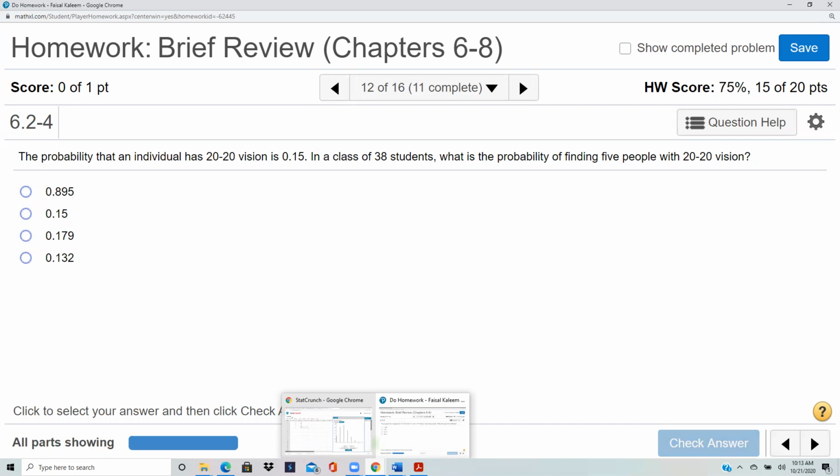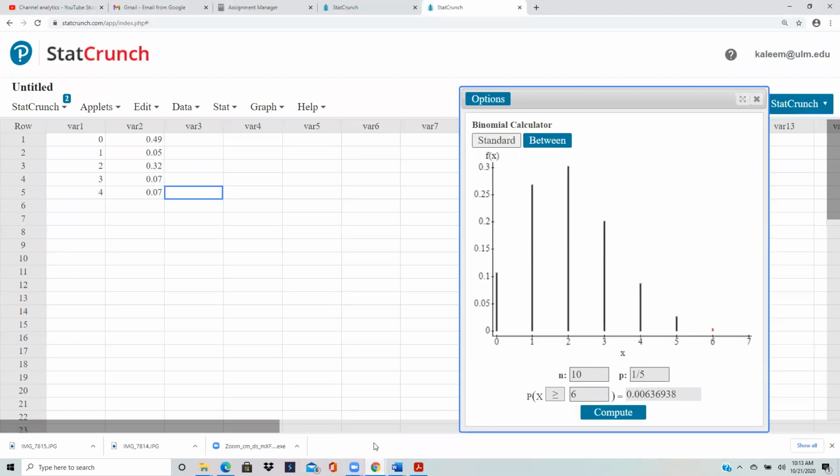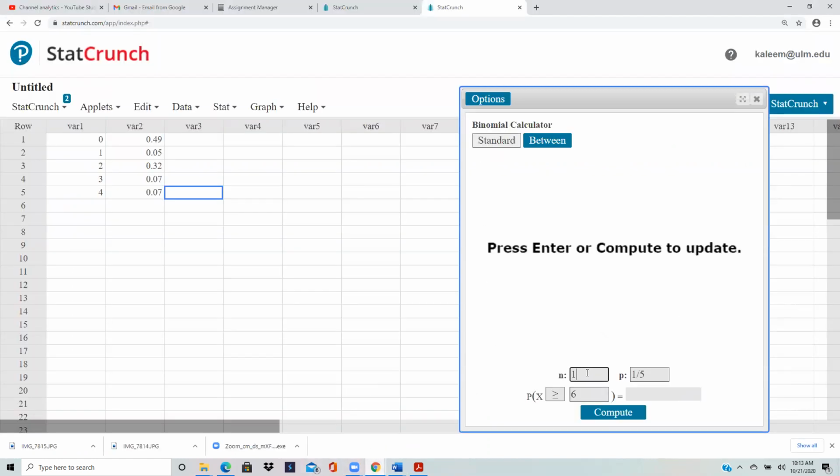What is the probability of finding 5 people with 20/20 vision? No. That's just the probability of each person having 20/20 vision. Okay, so it would be the 0.15. Mm-hmm. So n is 38, p is 0.15. Yeah, the little p is the probability of success in each trial.